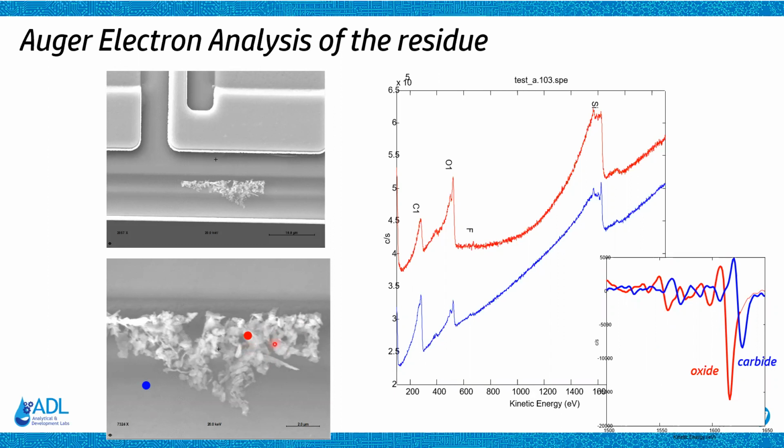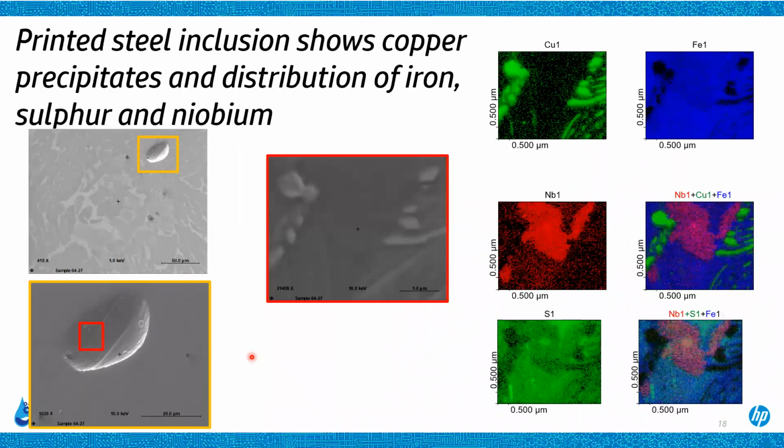So looking at small areas, again with electron beam Auger, this is an example of a 3D printed piece of steel. Part of our technology portfolio is to 3D print metals, and in this case, it's stainless steel.